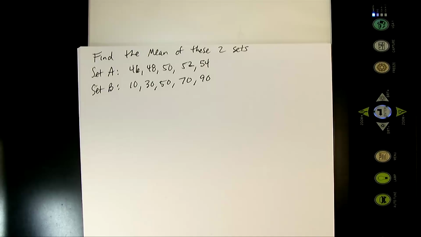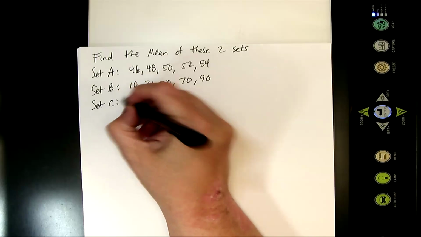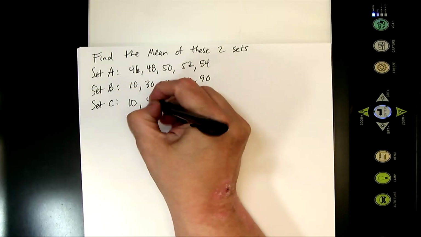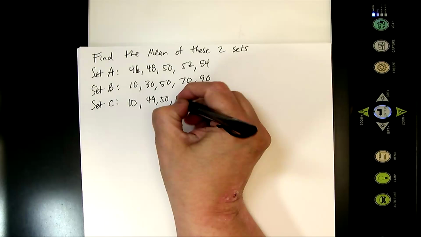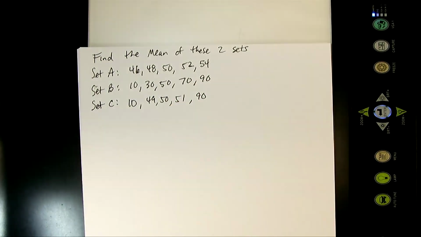In fact, I'll give you a third set. Let's do 10, 49, 50, 51, and 90. Let's do 3 sets. Find the mean real quick. This is an exercise practice on the mean.